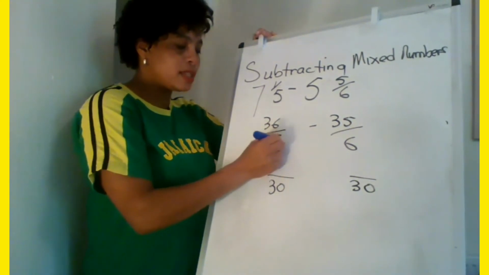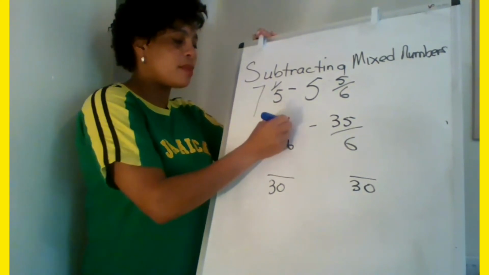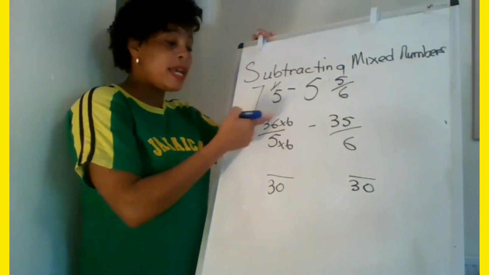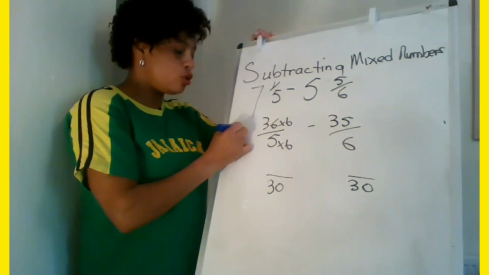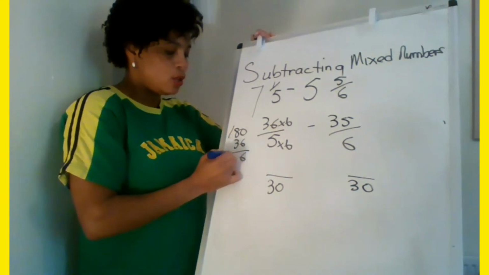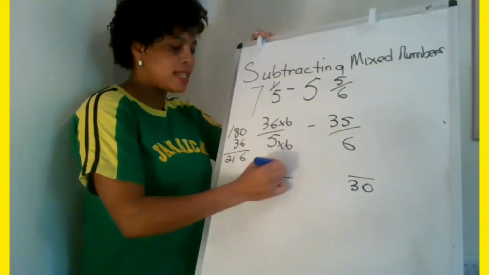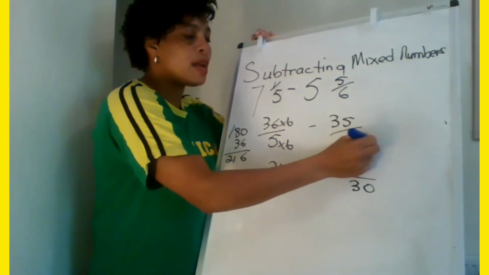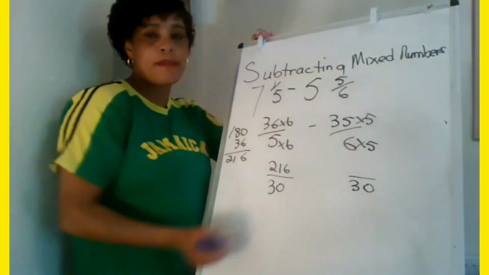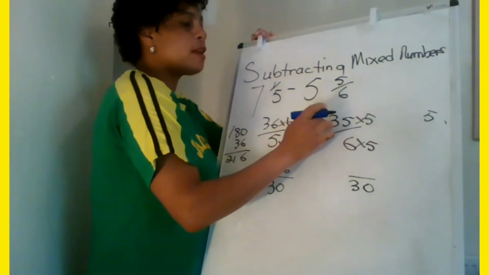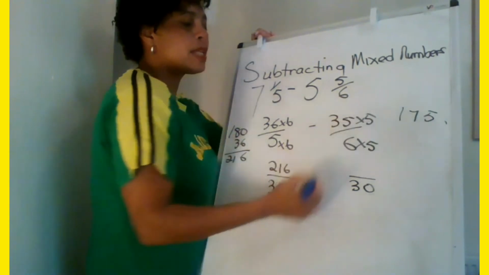5 into 30 is 6, so I times that by 6, I have to times this by 6. 6 times 3 is 18, so 6 times 30 is 180. 6 times 6 is 36. So here I have 216. 6 into 30 is 5, so I times that by 5, I have to times that by 5. 5 times 5 is 25. 5 times 3 is 15, and the 2 makes 17.